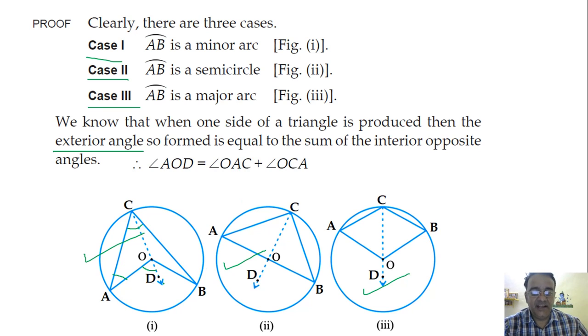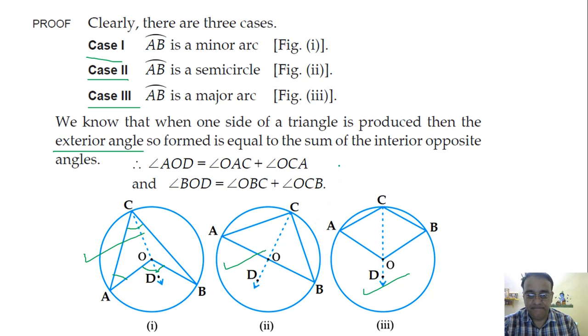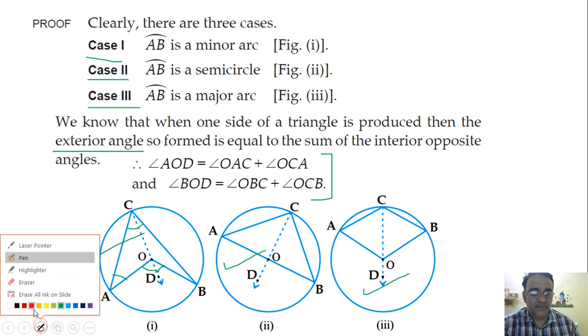Angle AOD is equal to angle OAC plus angle OCA, right? And the other one, angle BOD is equal to angle OBC plus angle OCB. Are these two clear? Yes, sir.